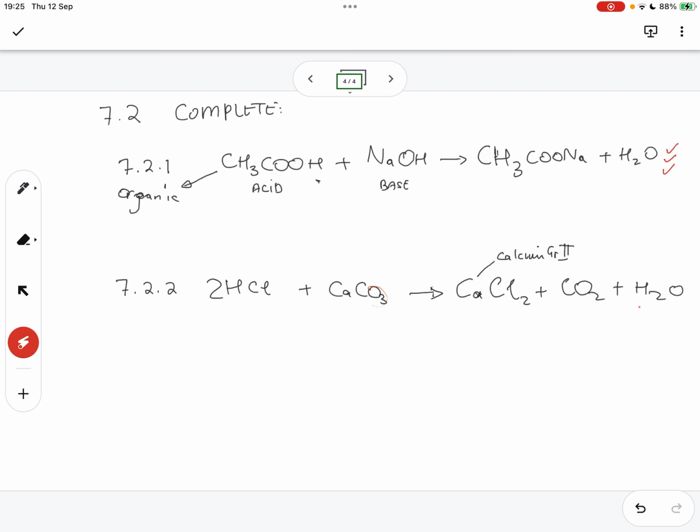And when we take out 1 oxygen and it forms the H2O, then the carbon dioxide is left and it can be balanced there on its own. So the correct balanced equation will therefore be CaCl2 plus carbon dioxide plus H2O. And on the reactant side is only 2 hydrochloric acid plus 1 calcium carbonate.